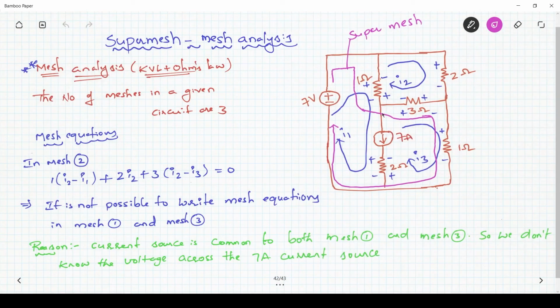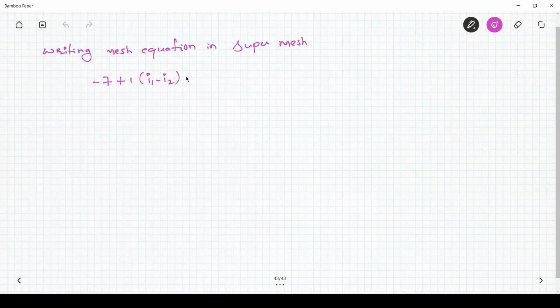Move along this super mesh. Next element is the 3 ohm resistor. What is the voltage across the 3 ohm resistor? 3 into (I3 minus I2) plus 3 into (I3 minus I2).